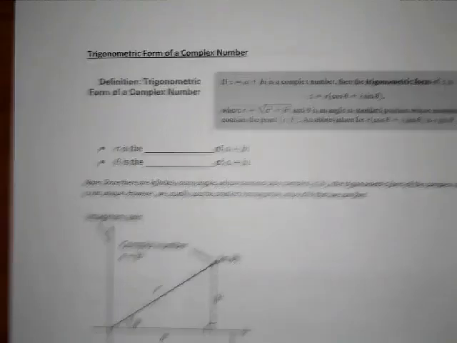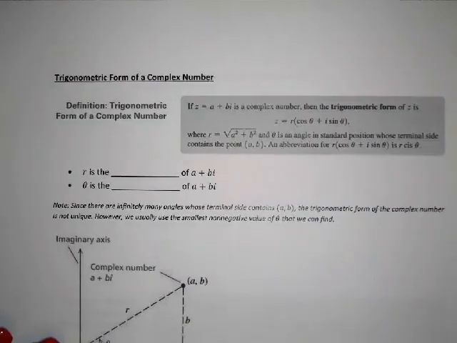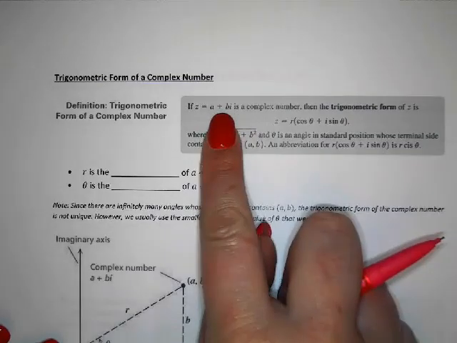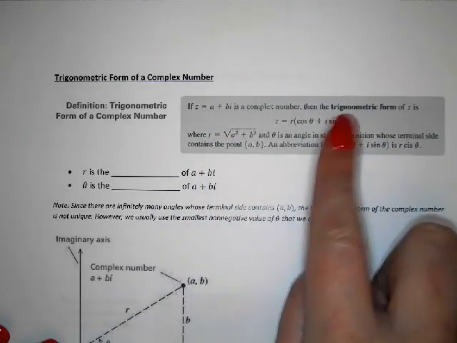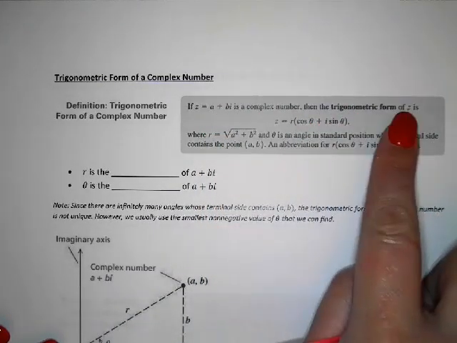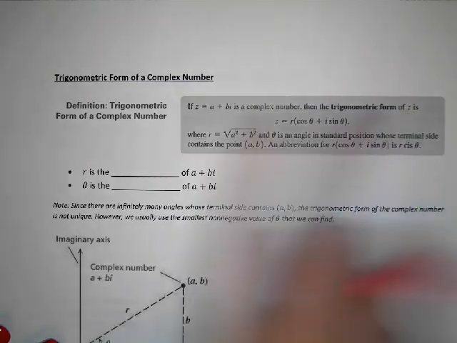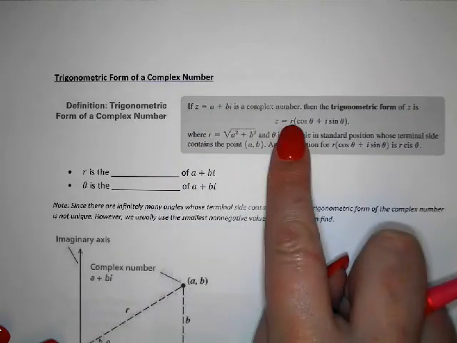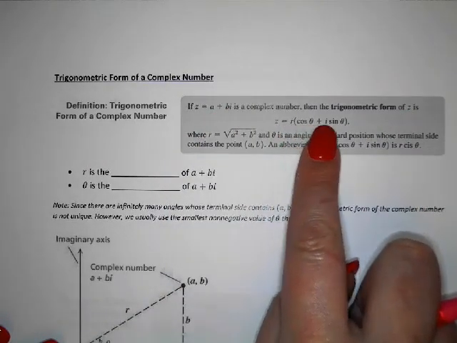All right, on the next page of notes, we're going to start to talk about the trigonometric form of a complex number. This is where you're really going to start to see it feel more like what we learned when we talked about vectors. So a plus bi is a complex number. The trigonometric form of z, if z is the complex number, is r times (cos theta plus i sine theta).